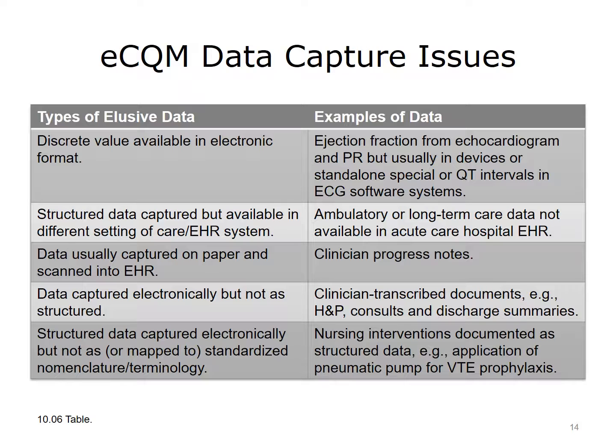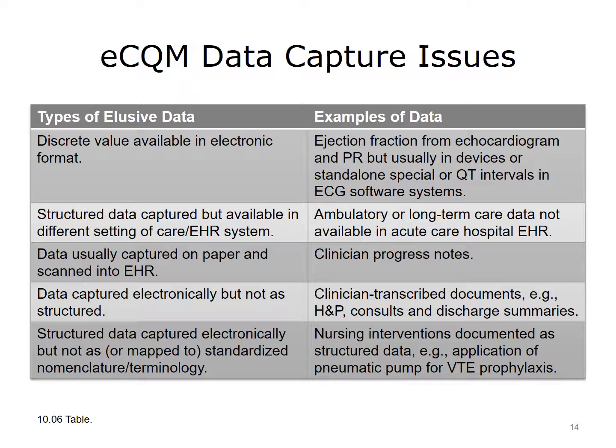eCQMs require standardized patient data to generate accurate results. In general, this requires structured data capture of key data elements within the EHR using standardized nomenclature. Structured data captured using local terms needs to be mapped to standardized data elements. Historically, a large amount of patient data is often captured on paper and scanned in or as unstructured text.